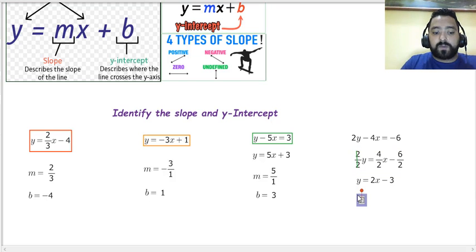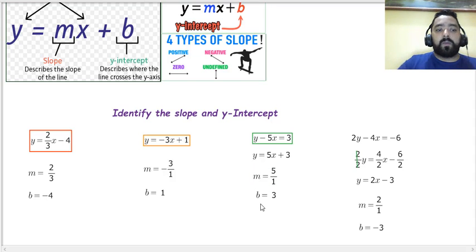Now, the slope for this one is going to be 2 over 1, and b is going to be equal to negative 3. Remember, we add 1 because you're going to use this fraction to graph this function. So in the next video, you're going to learn how to graph functions, and you're going to use this fraction. So always when we have only 5, for example, you add the number 1.